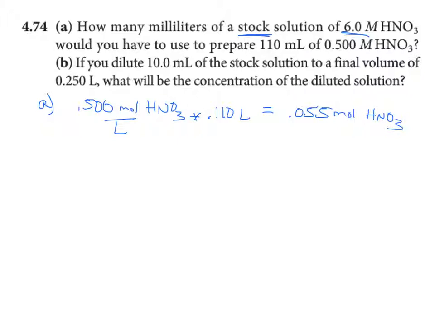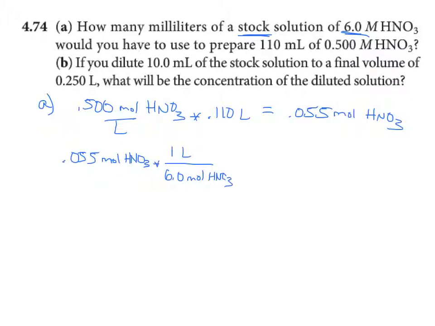So what I like to do here is think of the 6 molar as almost a conversion factor and say, okay, I want 0.055 moles of HNO3. I know that I have to get that from my stock solution, and that in every 1 liter of my stock solution, there are 6.0 moles of HNO3. So it's still the molarity.